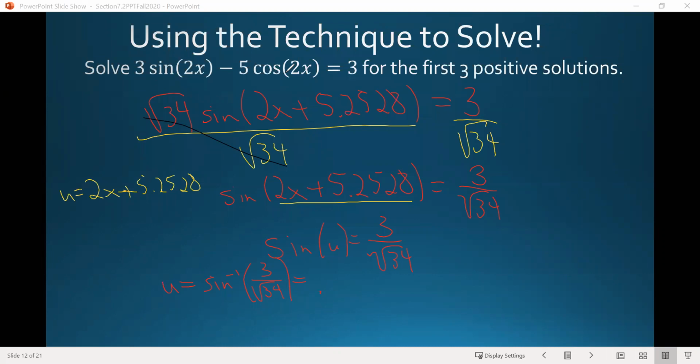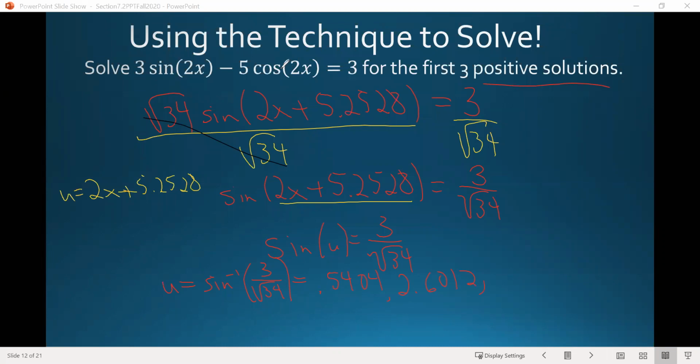So I'm going to find those answers. So I get 0.5404 is my answer in the first quadrant. Can use that to help me find my answer in the second quadrant, which is 2.6012, excuse me. And then we need at least 3 positive solutions, it says up here, so we'll keep going.